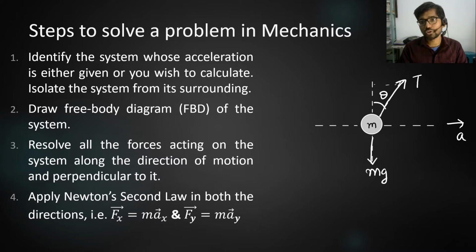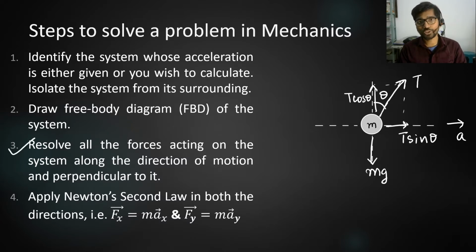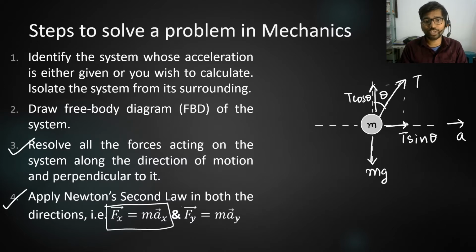Therefore, we will resolve the tension along the direction of motion and perpendicular to the direction of motion. Then, after resolving all the forces, finally we will apply Newton's second law, Fx equals max and Fy equals may. Okay, let's move to the next slide.